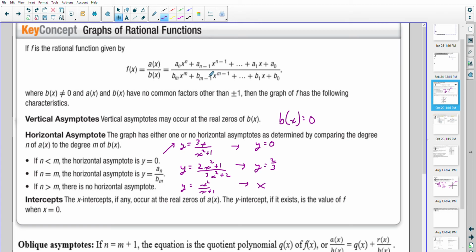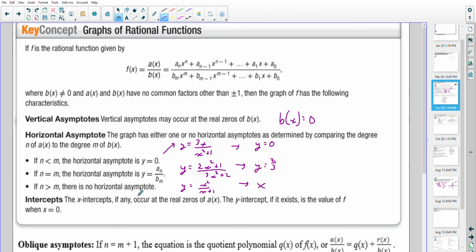And when it grows less than the bottom, it means the bottom is going to grow faster and outstrip the top, which means the whole thing is going towards 0, because a smaller number over a bigger number, as you go to infinity, is eventually going to get equal to 0, and therefore your horizontal asymptote would be y equals 0.